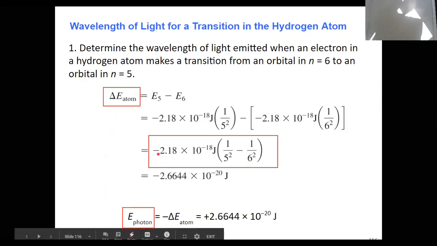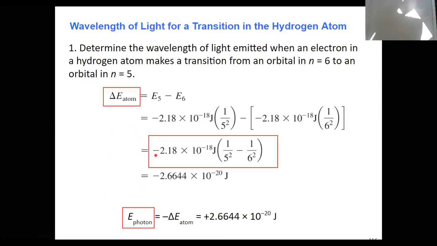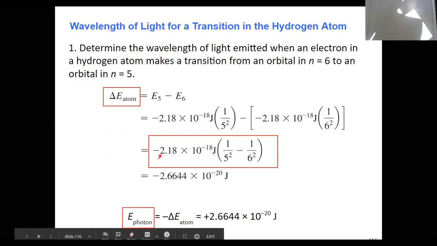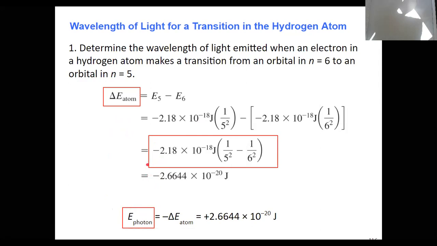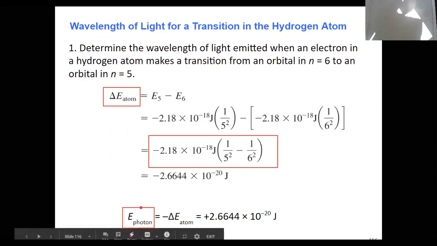Right now we have the negative sign in front of our Rydberg constant because we're solving for the energy of an atom. But just make sure that you know that that's going to be opposite for the energy of a photon. So it might be easier for you to just start by solving with the energy of the photon instead. You can do that. That would be fine.